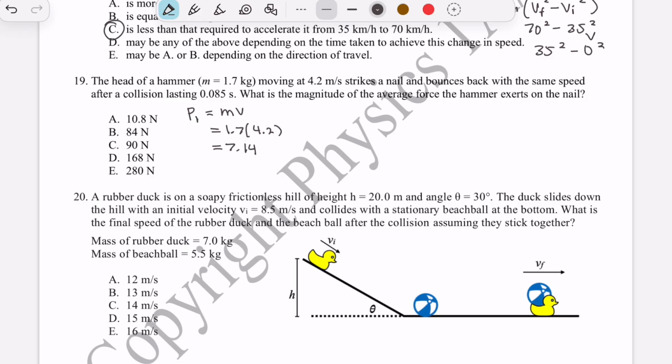And we know that the second momentum, P2, after the collision, is going to be 1.7 times minus 4.2, because it bounces back with the same speed. So it's the same magnitude, but opposite in direction. So we put the negative in front. So this is negative 7.14.